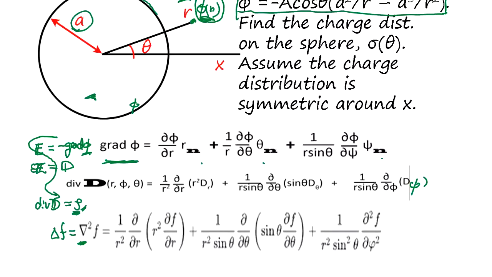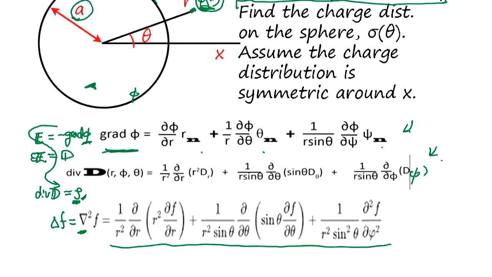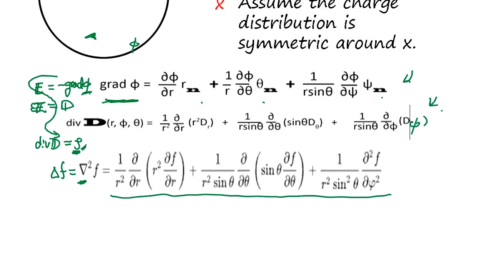Okay, now we take this derivative on this equation. You can do step by step, take a derivative once and later twice, or you can do directly, this is gonna give you negative rho over epsilon. Okay, so charge distribution is obtained by taking a derivative.